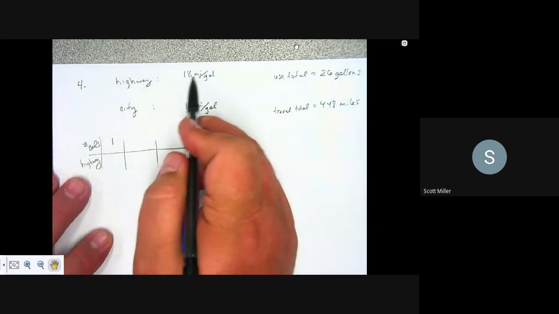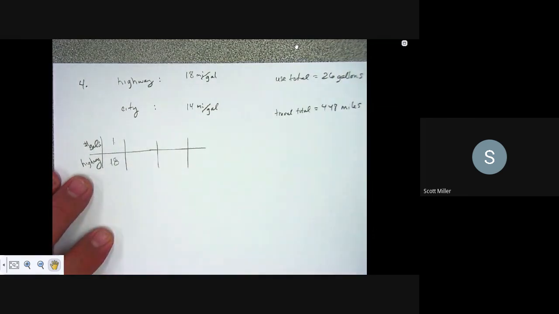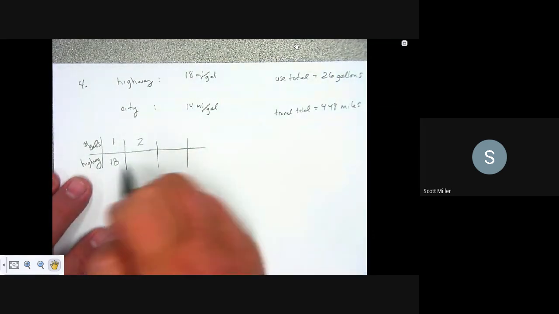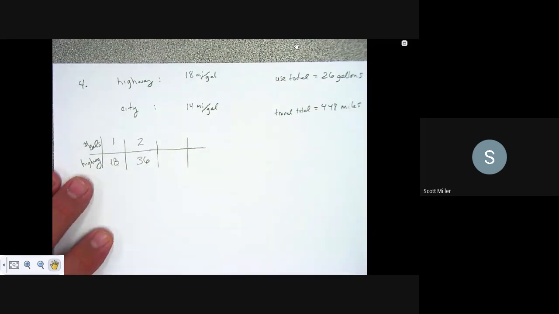If I use 1 gallon, according to 18 miles per gallon on the highway, then I have gone 18 miles. If I use 2 gallons, then I go what? 36 miles. And so forth and so on.